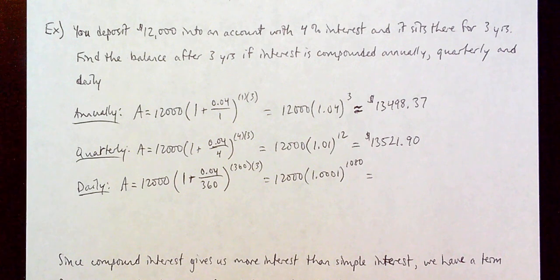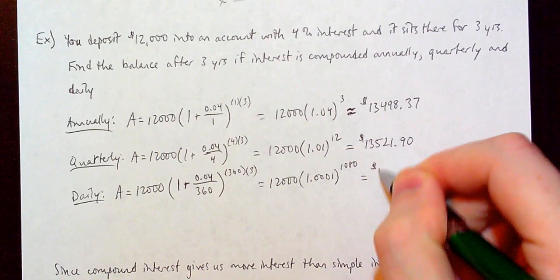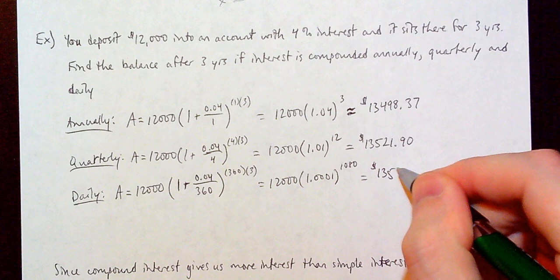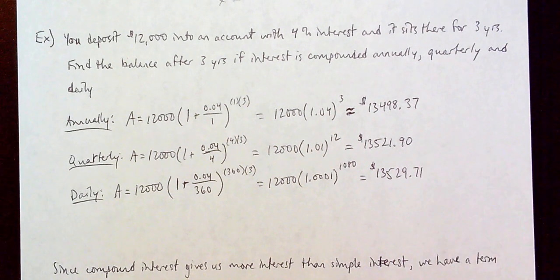And now our third one here, 1.0001 raised to the power of 1,080. Take that number and multiply it by 12,000. And when you multiply it by 12,000, you get $13,529.71.